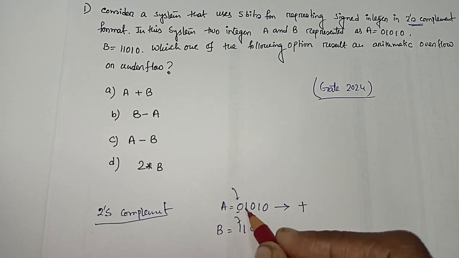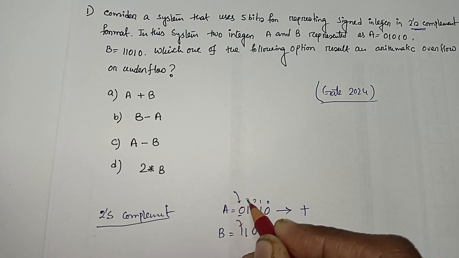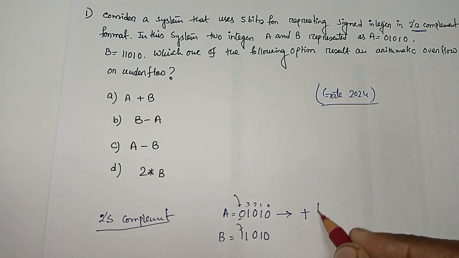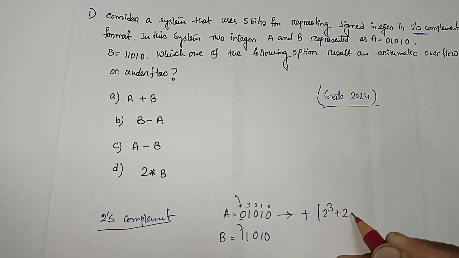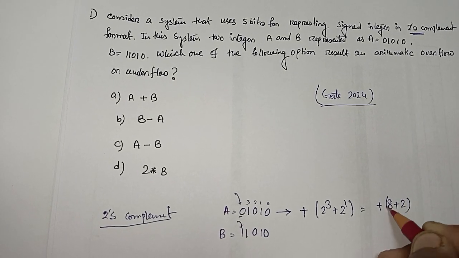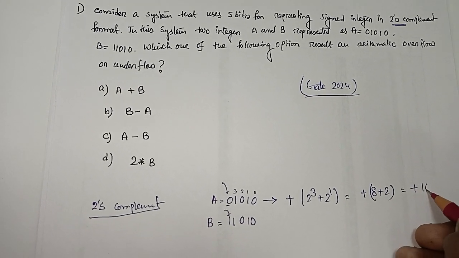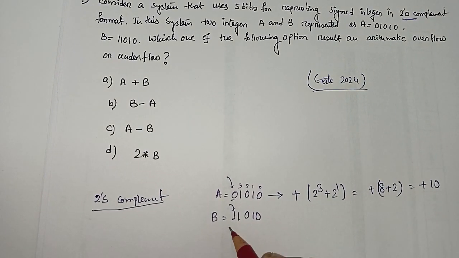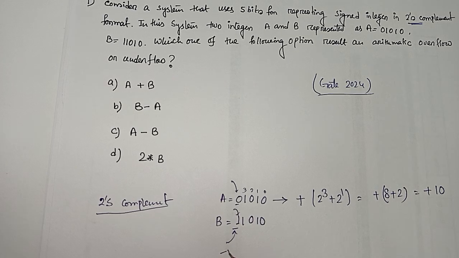The number is 2 to the power 3 plus 2 to the power 1, which means 8 plus 2, so the number is positive 10. And if the first bit is 1, it means negative, so this is a negative number.